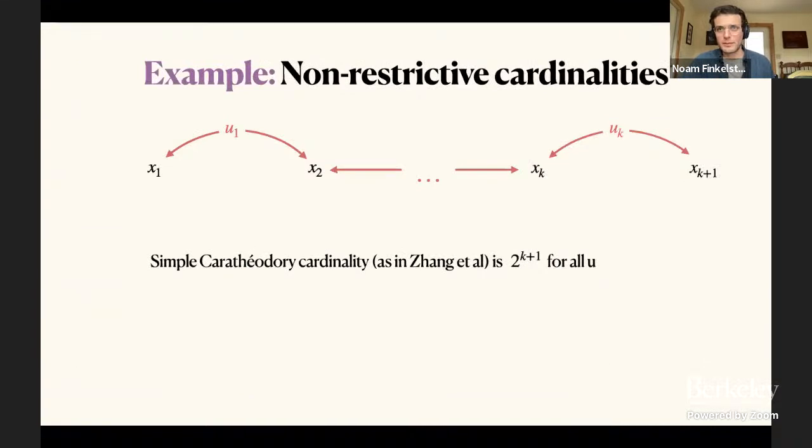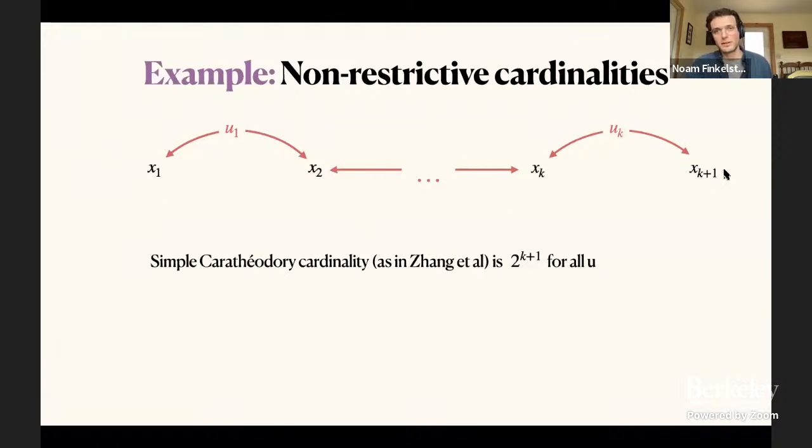Okay, so why bother doing all this? I'll give a simple example that shows the benefit of reducing these cardinalities, or finding lower non-restrictive cardinalities. If we do the simple Carathéodory cardinality that I mentioned at the start of the talk, from the Zhang et al. 2021 paper, the cardinality is going to be 2 to the k plus 1 for every latent variable in this chain.